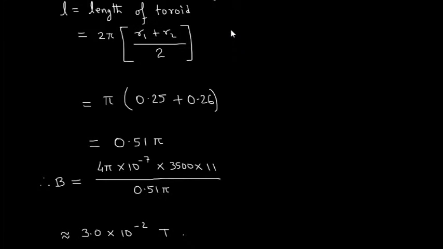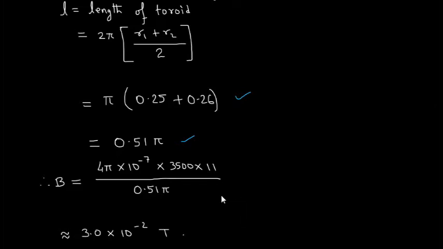So putting the value of R1 and R2, we get pi times (0.25 plus 0.26), which is equal to 0.51 pi.